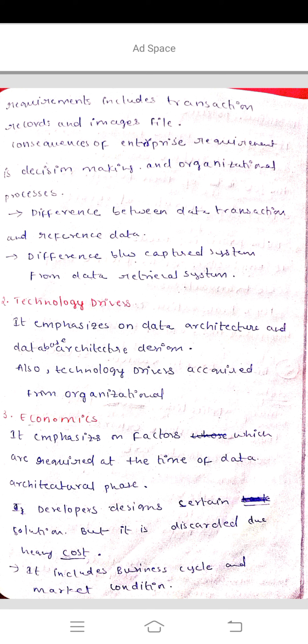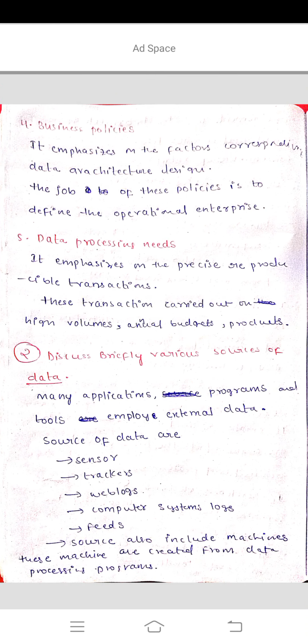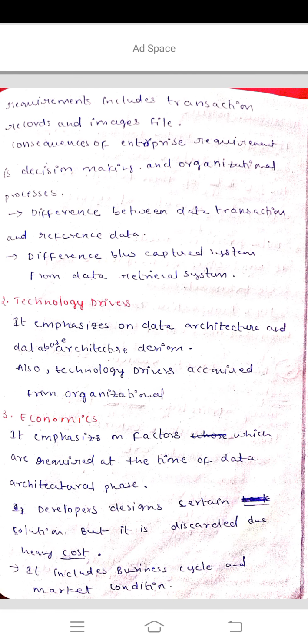And the second one. This is the second point of data architecture. There we have a total of five data architecture influences. Second one, technology drivers. It emphasizes data architecture and database architecture design.